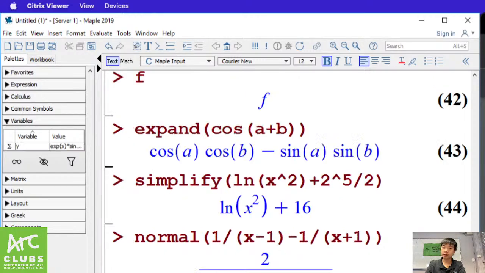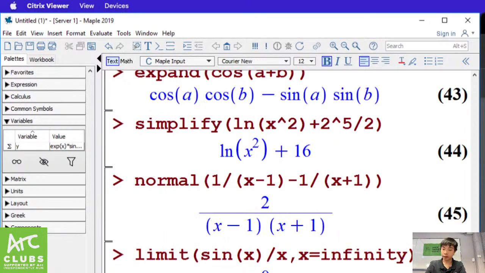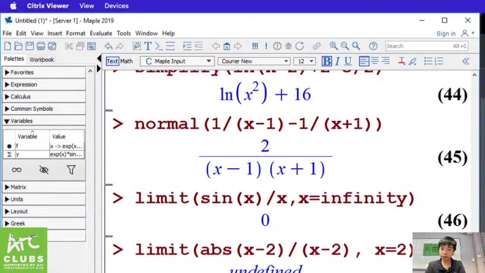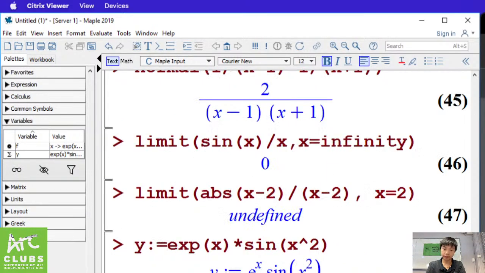One difference between expressions and functions: you use the diff command for expressions, but for functions, we have e to the x times sine x squared. We have to use capital D, and then we put in f in brackets.